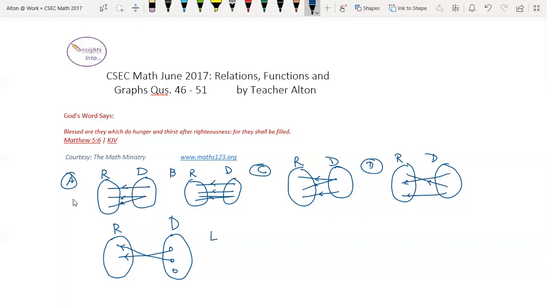Each member in your domain must map onto only one member in your range.